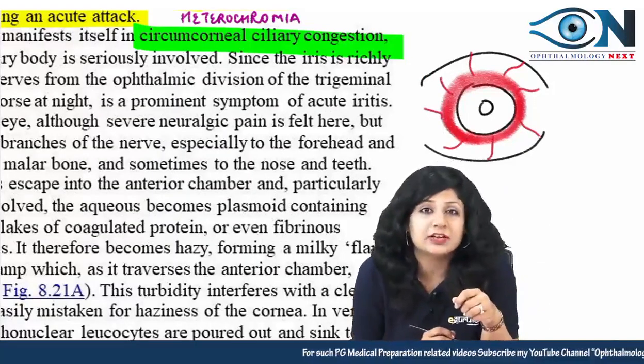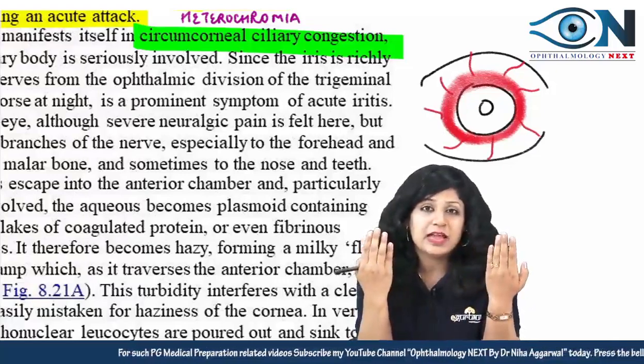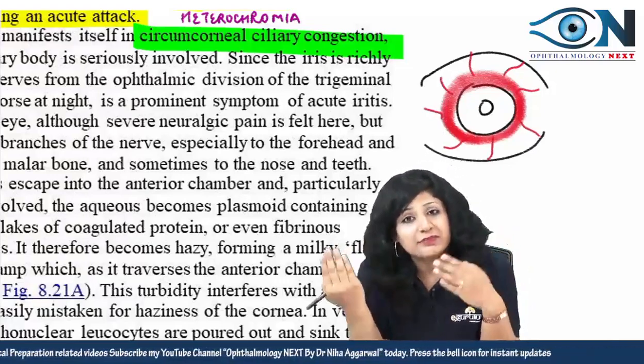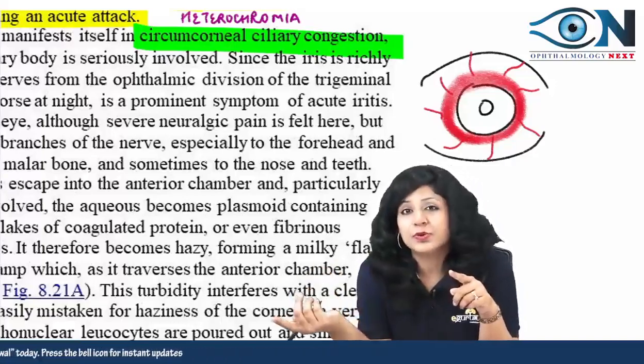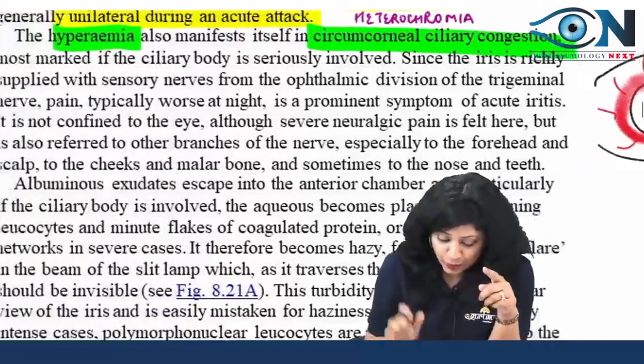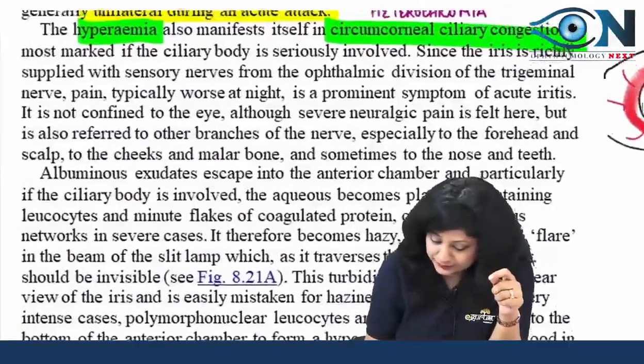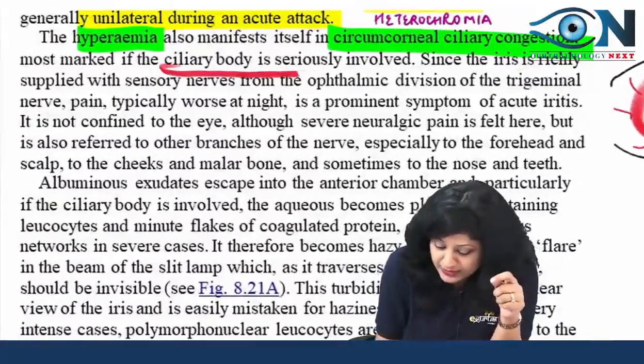This is your circumcorneal congestion, and the fornices will be empty. But when you have conjunctival congestion, the limbal area will be empty and you will have the congestion more towards the fornices.